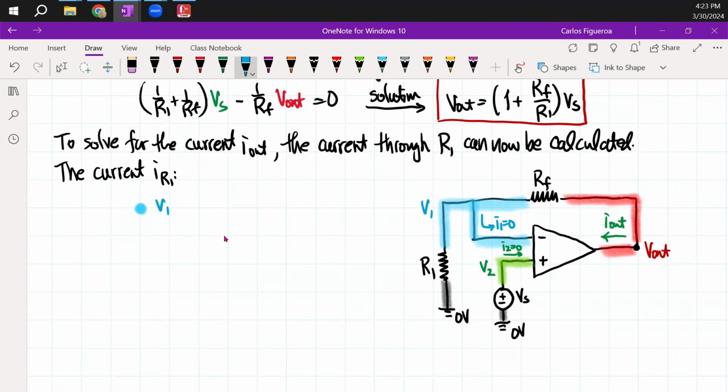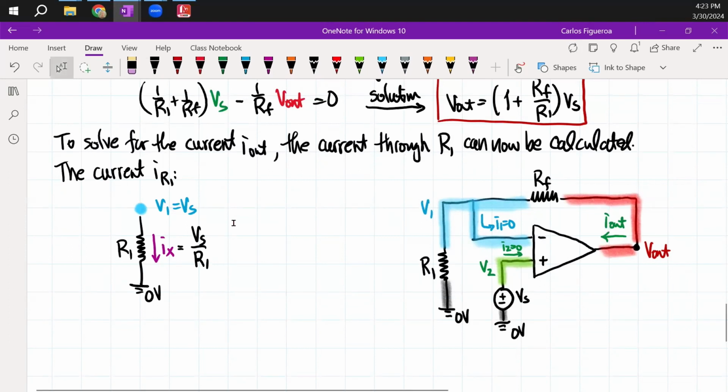And we saw that V1 is now the same as the source voltage. So if I now have my resistor and it's connected to the ground here, we can see that the current coming in, let's call that IX, should be V source divided by R1, and that's R1. I know what V source is. So now what am I going to do? I'm going to follow the current.